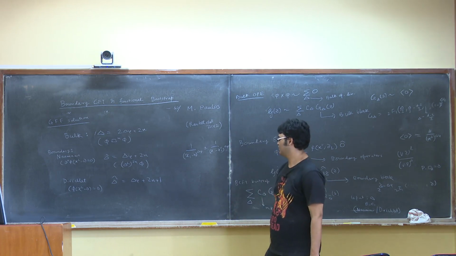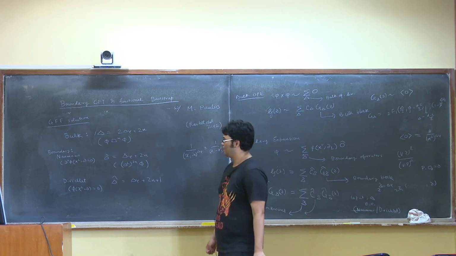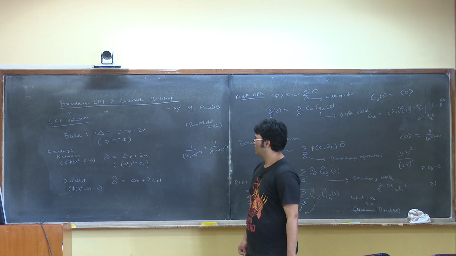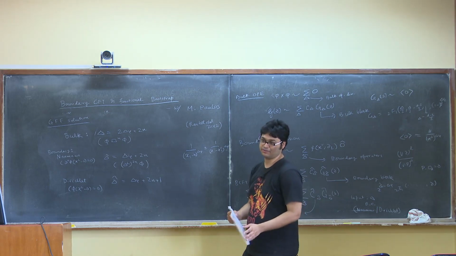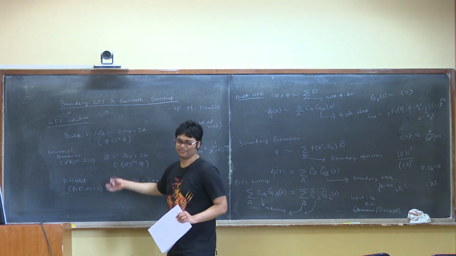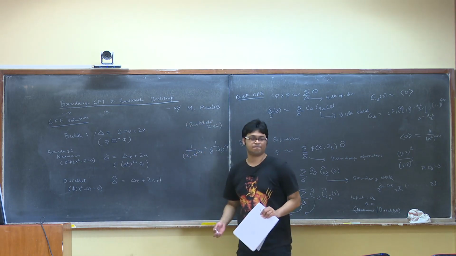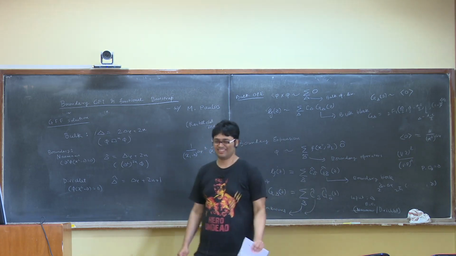And are there more than just these? Yes, there are other boundary conditions. You can have something like interface boundary conditions, or maybe some mixture of these things. Then will delta hat have spin? I'm not sure, I think so.